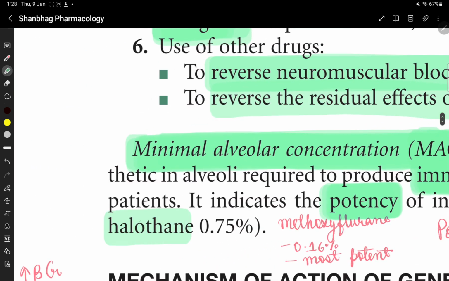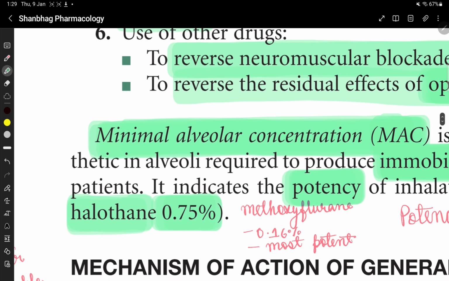And halothane has a MAC of 0.75%. So there's a huge difference. So halothane is very potent.